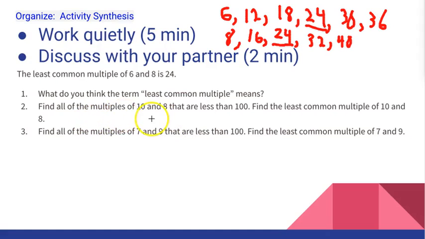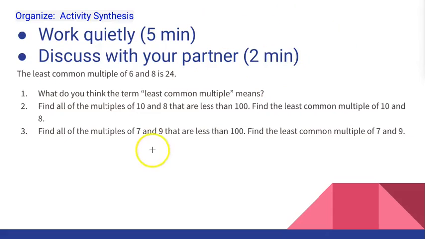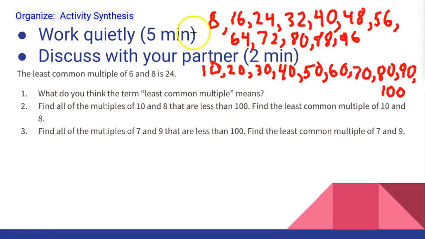What about if I looked at multiples of 10 and 8 that are less than 100? What do I get? I've got all my multiples of 8 up to 100 and all of my multiples of 10 up to 100. So what's the least common multiple between both of them?